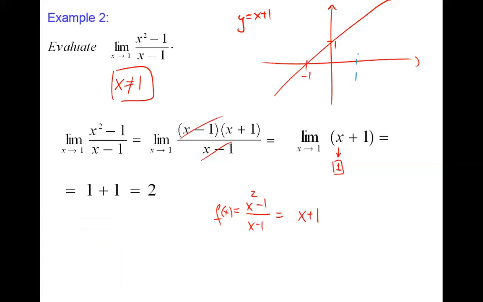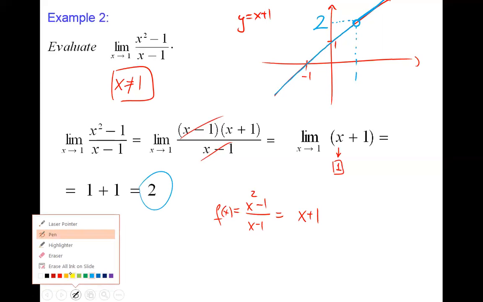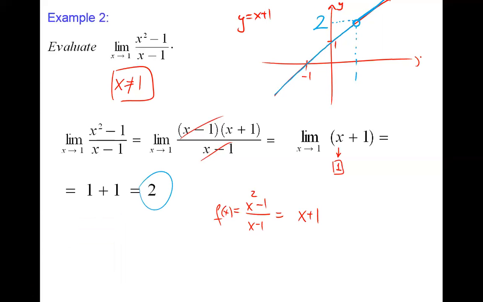At 1, the function actually has a hole. I can use the blue color. This hole, this dot, is at level 2, because that's what we got from the limit. The limit is 2, but there is no value. It's the open dot. No value at 1, but the limit is 2.